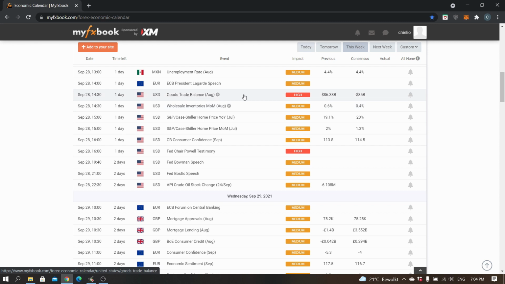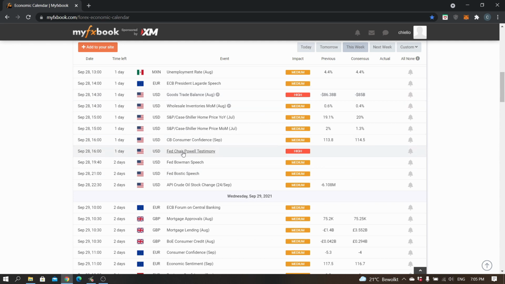The goods trade balance gets a high importance, but it's not that important, albeit if the actual differs a lot from the consensus, of course it will be important, because after all it's the US dollar, the most traded and the most held currency.